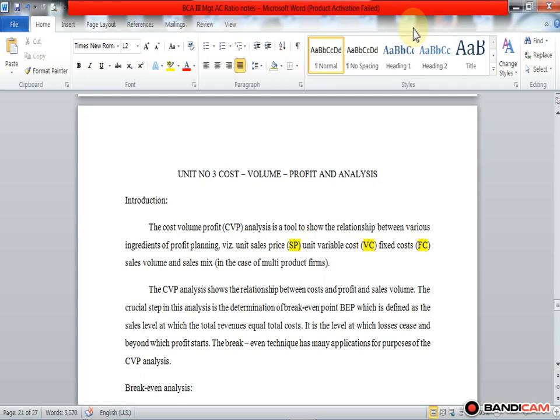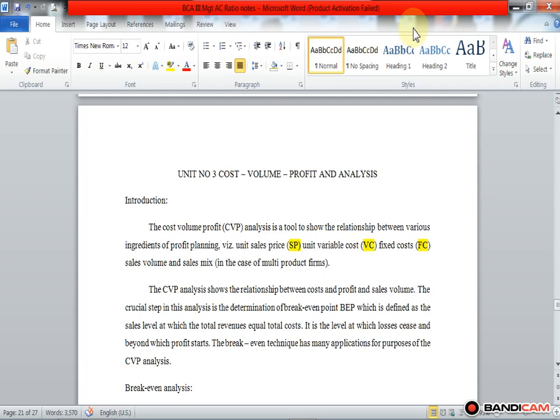The earning of profit starts from this point. It means if the sales value is more than the total cost, then the firm earns a profit. The point where the revenue is equal to total cost is known as the break-even point.